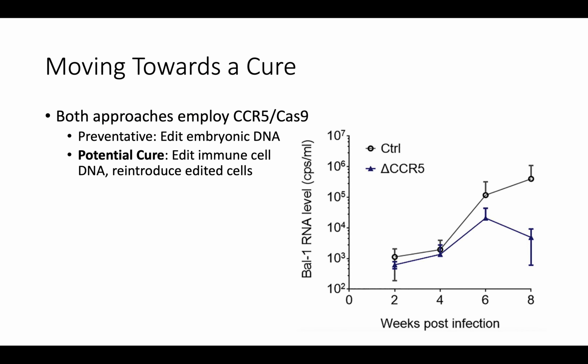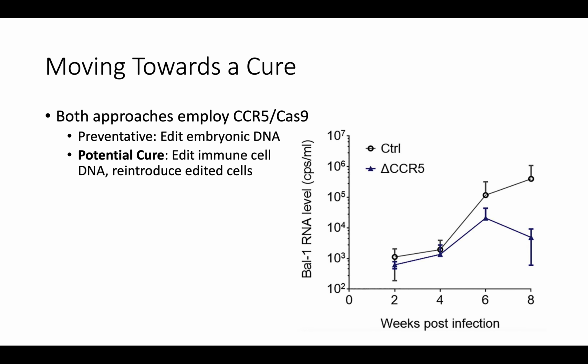Fortunately, there's been a lot of progress recently towards a cure for HIV. One path, highly unpopular for ethical reasons, involves using CRISPR-Cas9 to modify embryonic DNA. This is considered a germline edit because it's going to be passed on to the baby's offspring.